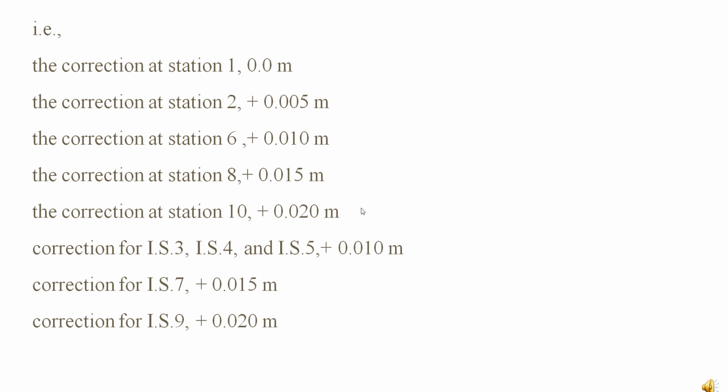The corrections for intermediate sights will be the same as the corrections for those instrument stations to which they are related. Therefore, correction for intermediate sights 3, 4 and 5 is 0.01 meter. Correction for intermediate sight 7 is 0.015 meter. Correction for intermediate sight 9 is 0.02 meter.